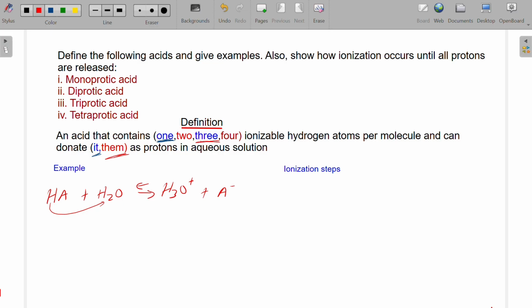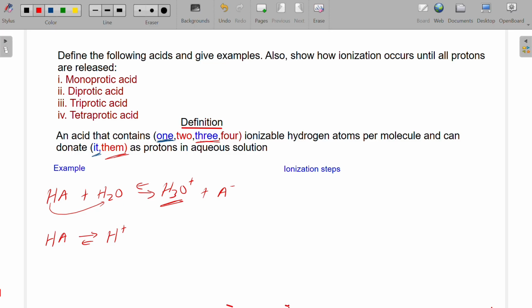So this shows the monoprotic ionization of an acid. You can show it in a short form again. The simple dissociation doesn't include water, we don't show water. So the HA will just convert on the other side. And the hydronium ions, which are H3O plus, are represented by just H plus.